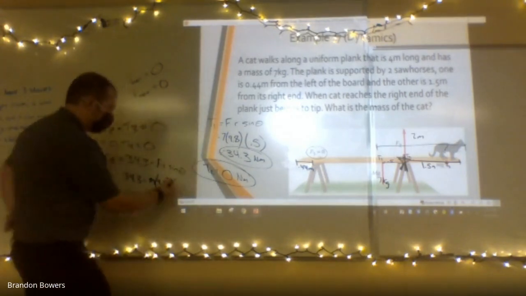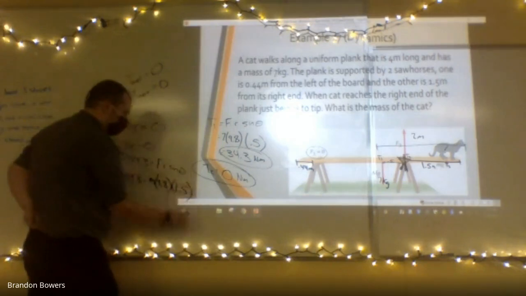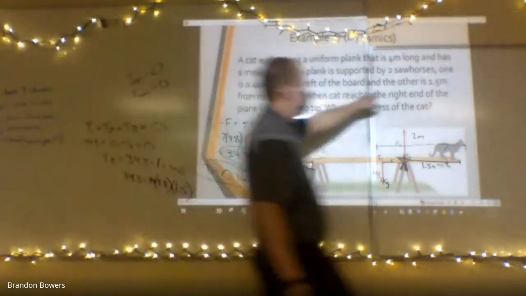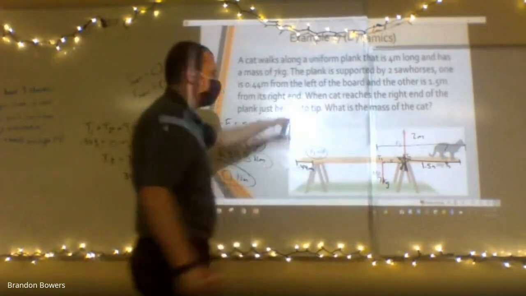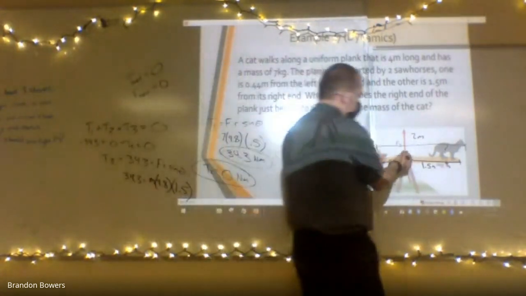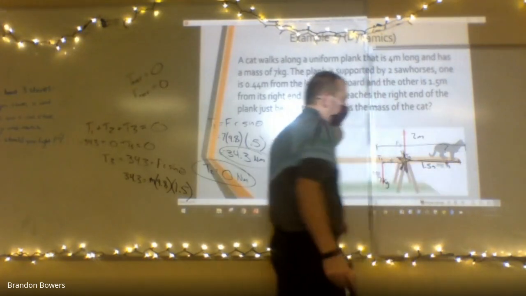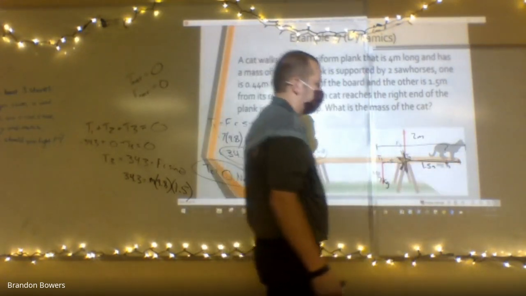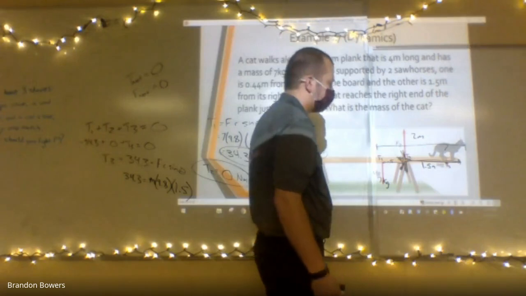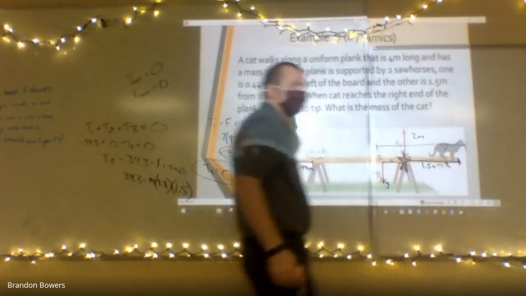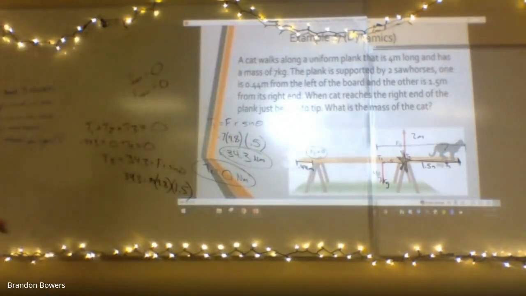Times sine of theta. Why is it 1.5? Because it's 1.5 from the right hand. So here's the sawhorse. Here to here is 1.5. Isn't the cat over torque 3? Yeah. Well, we're pretending the cat's right here. Great question.